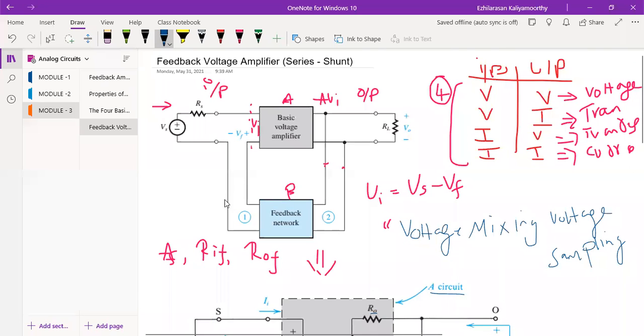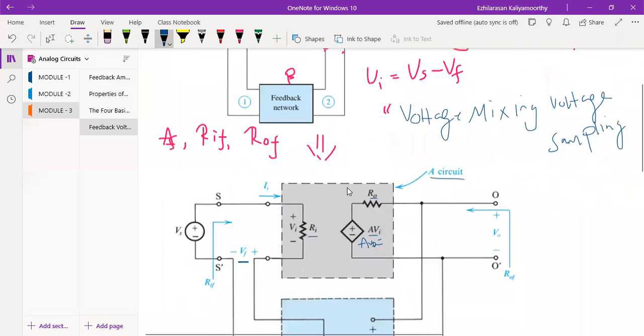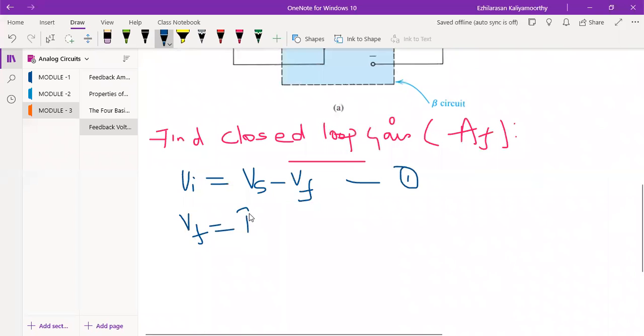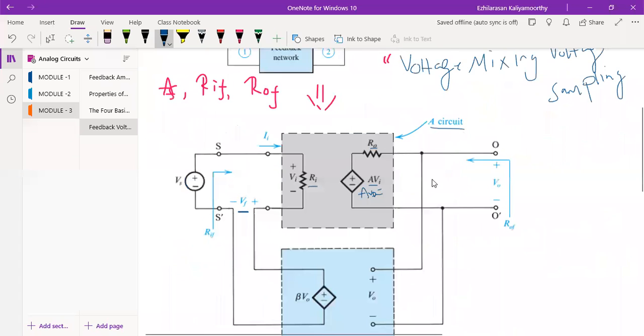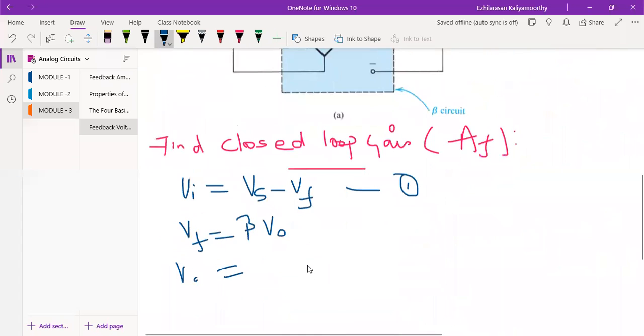The output of the feedback network will be VF, and the input to the feedback network is V naught. So VF is equal to beta into V naught. This also we know. Now, what is V naught from the structure above? V naught is nothing but A into VI.